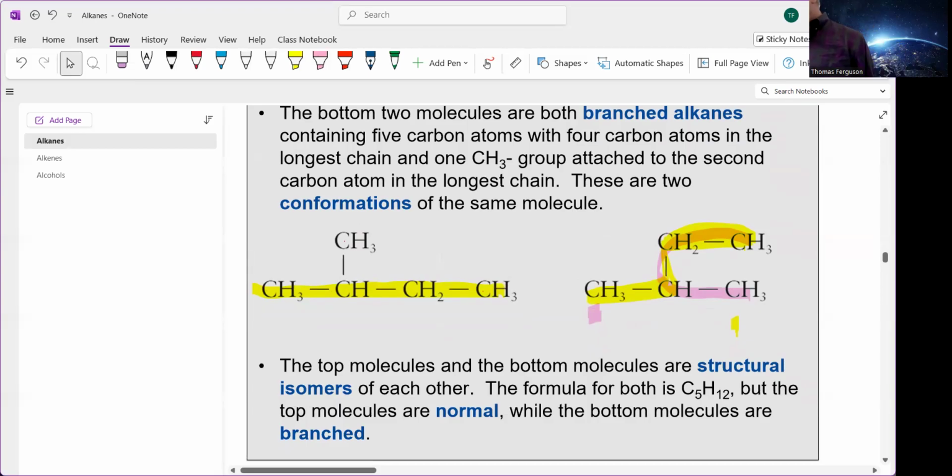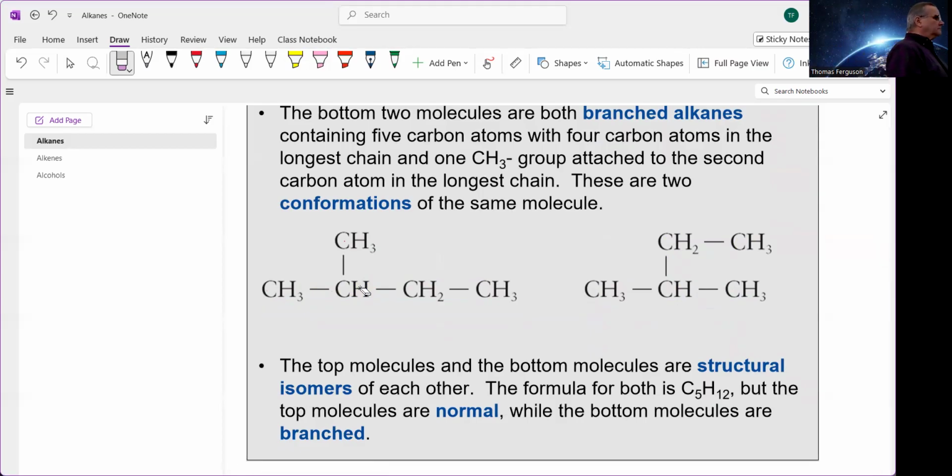So the question is, are these molecules the same molecule? Sorry, I didn't hear what you said. Did you say, are these molecules the same molecule? They don't look the same, but they are. The reason why they are is we look at the backbone. 4 carbon backbone. 4 carbon backbone.